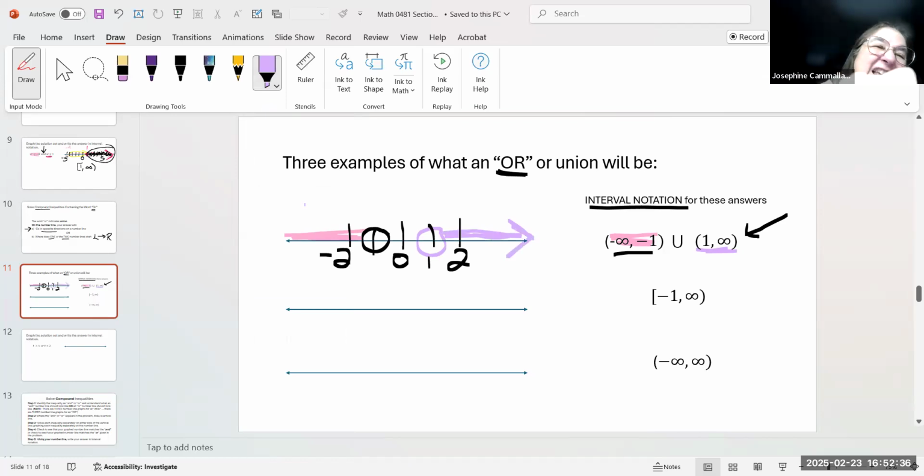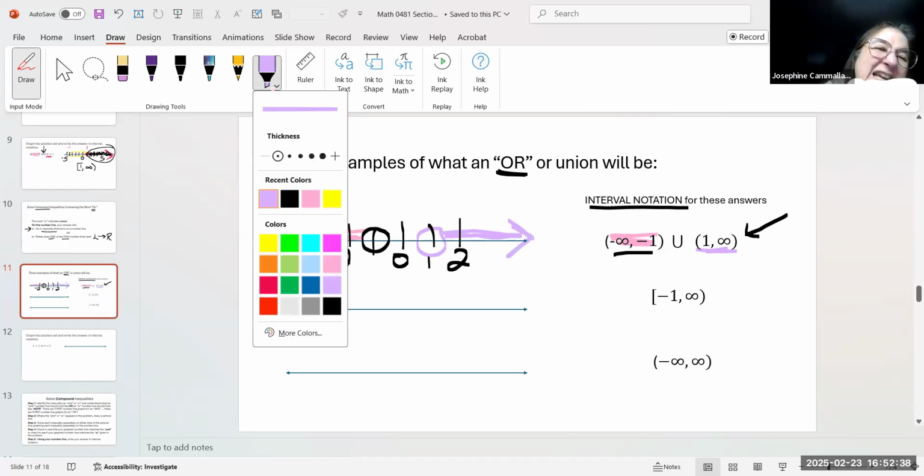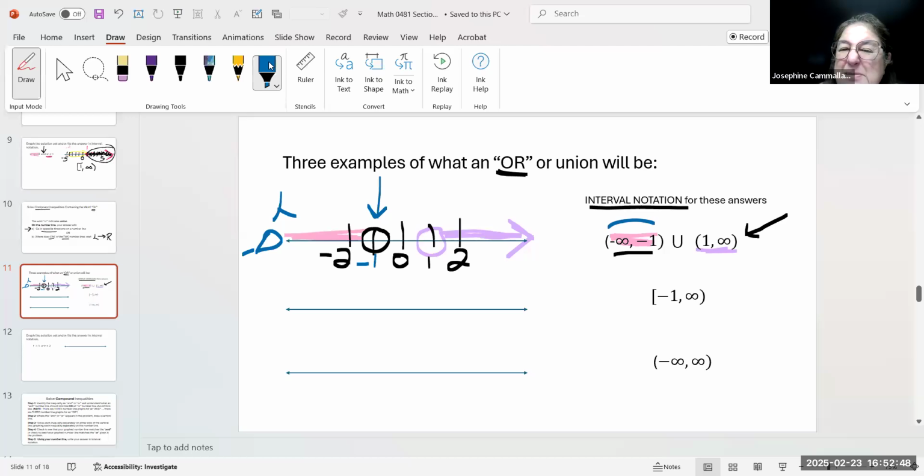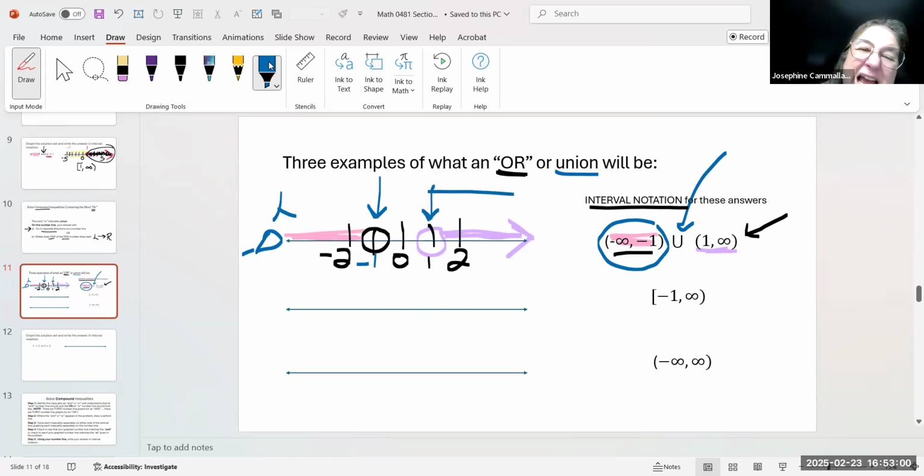Or is reading from left, which is -infinity, to 1, -1. That's this part. But notice this one has a symbol for union because now from this part, I'm reading to positive infinity.